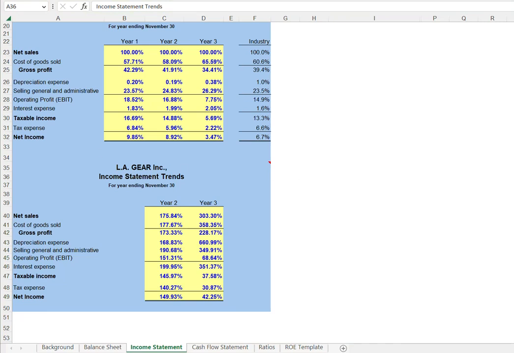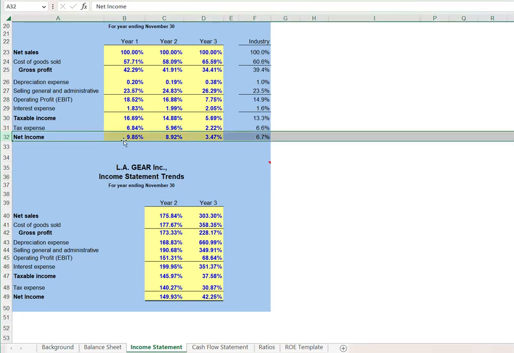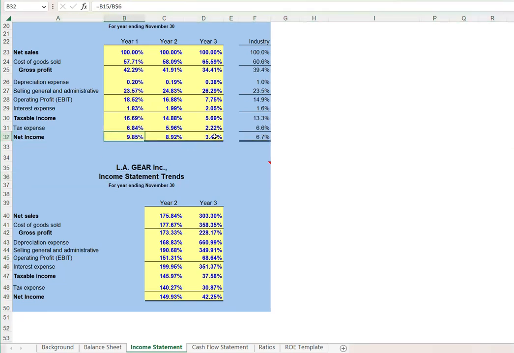Let's start with our evaluation of our profit margin. We saw our profit margin went from 9.8 to 3.4%. In other words, we were making 9 or 10 cents on every dollar in sales we made in profit. Now it's gone down to 3. And we can see that because sales tripled, but our net income only went up by 42%.